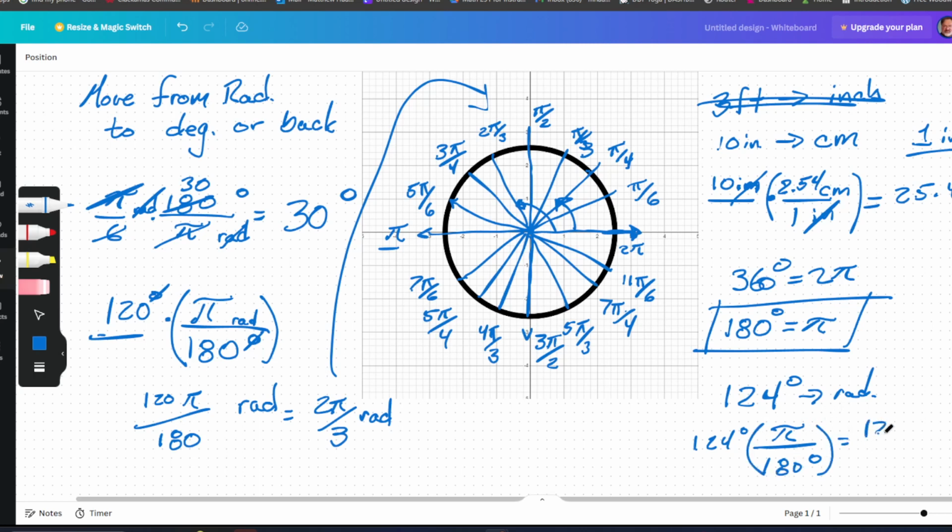So 124 pi over 180 radians, the degrees have canceled, and then just reduce this as much as we can. 62 over 90, so 31/45 pi radians.